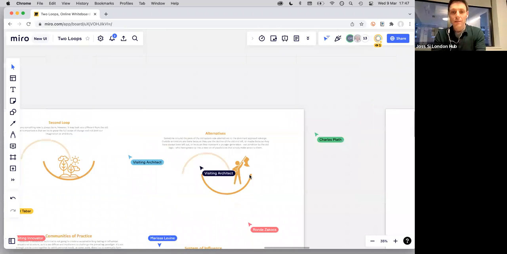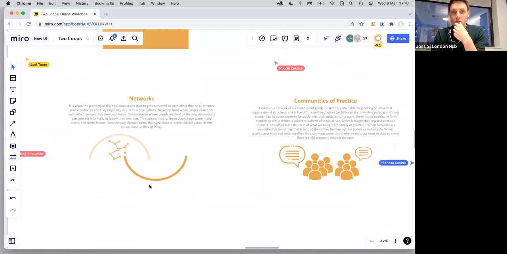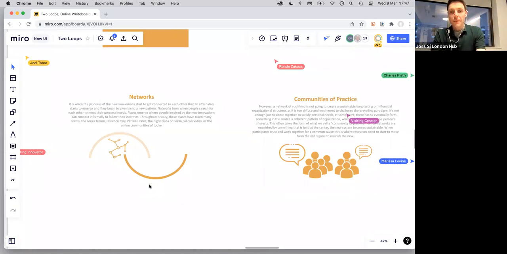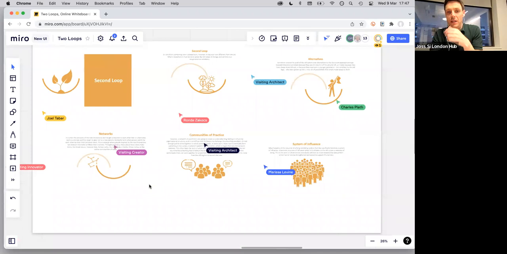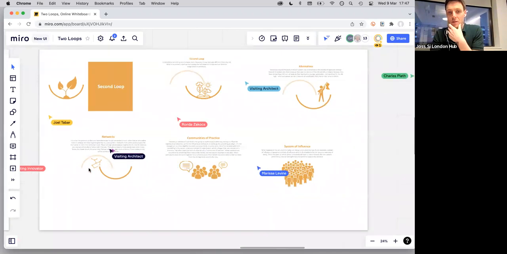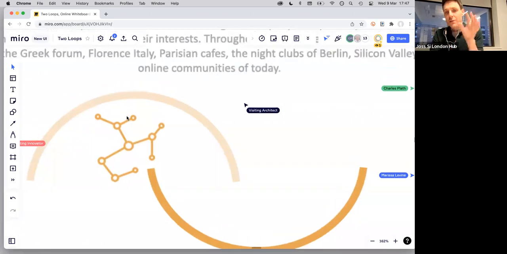Okay, so this is the new system, the emerging one. And the idea is that there are three stages in the development of this new system. Firstly, forming networks. We have new innovations and they start to form loose networks associated with each other.